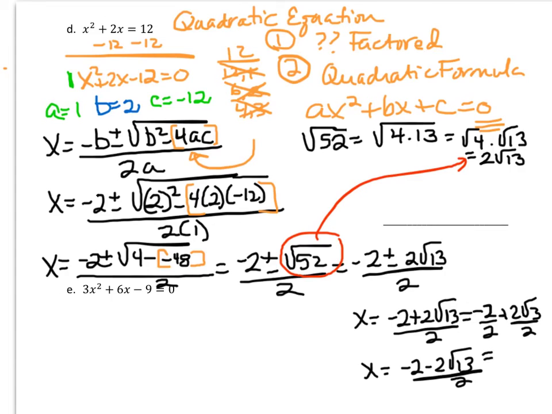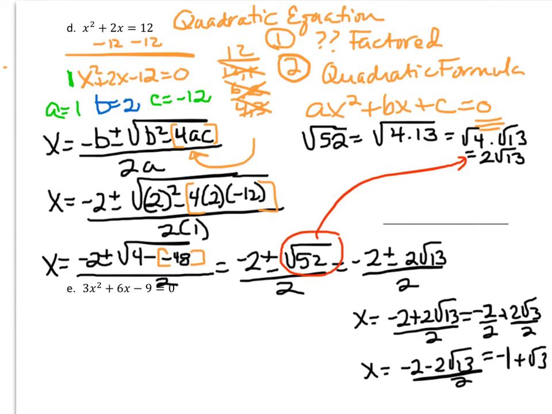So that simplifies to negative 1 plus the square root of 13, because the 2 is a common factor all the way around. So that 2 cancels with the 2 on the top. That gives you your negative 1. That 2 cancels with the 2 on the top, and that gives you 1 square root of 13.